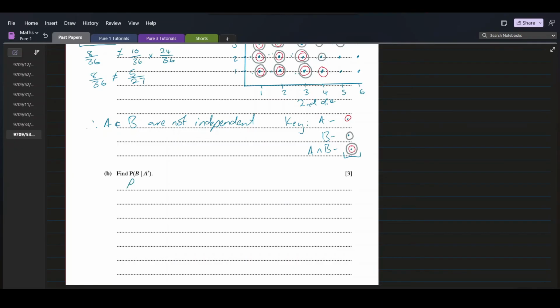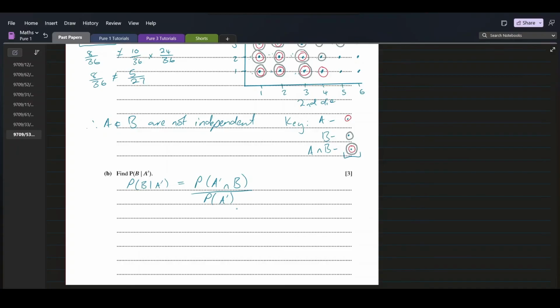Okay, so the formula for that, probability of B given A complement, is equal to the probability of A complement intersection B over the probability of A complement.